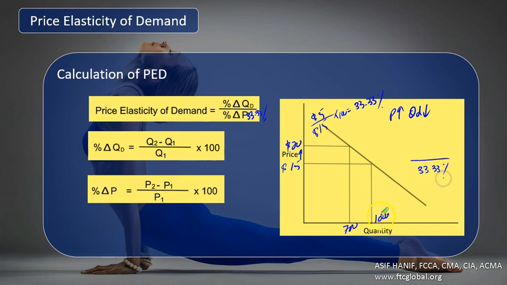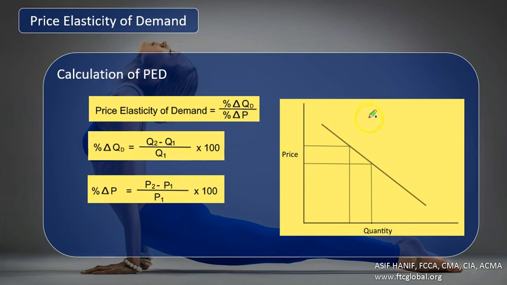Increase in price results in contraction in quantity demanded by 300 units. So that is a 300 decrease divided by the original quantity demanded, 300 by 1000 times 100, it's 30%. So dividing 30% by 33.33, it will give you negative. So price elasticity of demand for this given question is negative 0.90.